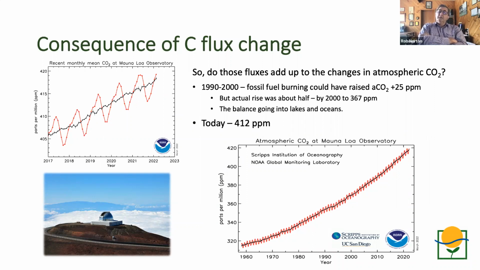The picture on the bottom right is actually the longer term trend. And in the olden days when I went to school and we heard about plants growing, they were growing in 320 parts per million carbon dioxide. Now they're growing in 412 parts per million carbon dioxide. And it's that carbon dioxide that drives plant growth.